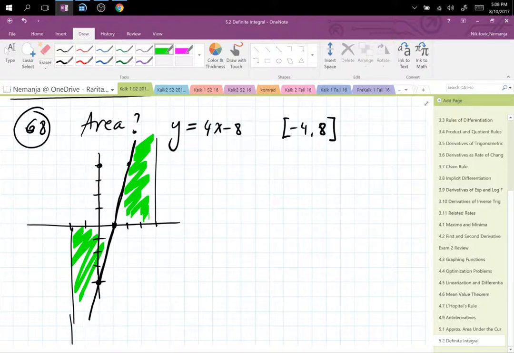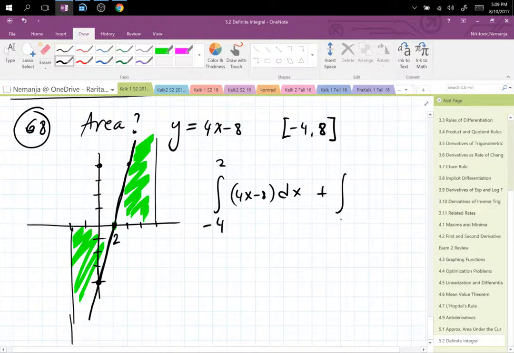Anyway, so we graph first, and we see that we have negative and positive area, and we also see that the graph cuts through the x-axis at 2. So we need 2 integrals: -4 to 2 of 4x minus 8 dx, plus 2 to 8 of 4x minus 8 dx. The first one is below the x-axis, so the first one is the one that gets absolute value.